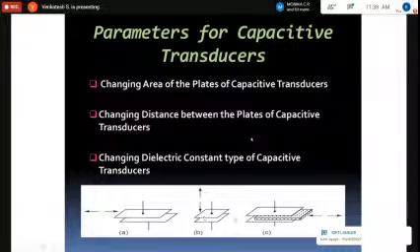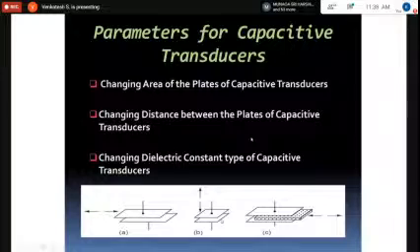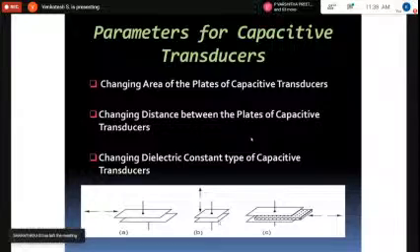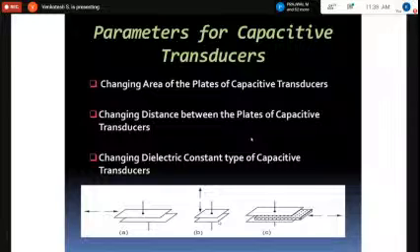There is a dielectric, air, now. Nothing is shown in between. That means it is pure air, and therefore the dielectric constant is 1. Epsilon r is equal to 1. Epsilon naught is equal to 8.854 times 10 power minus 12 farad per meter.